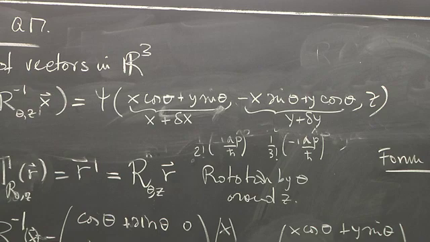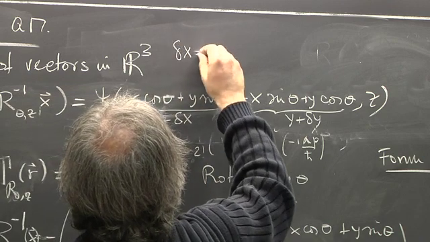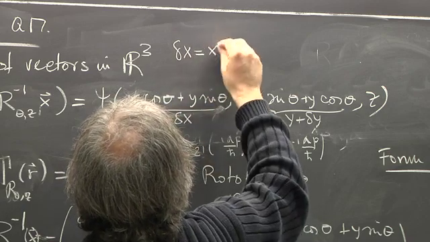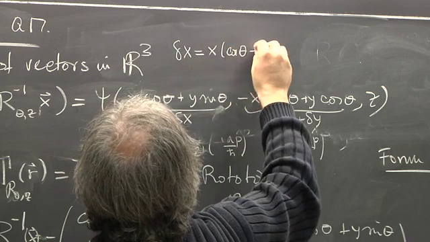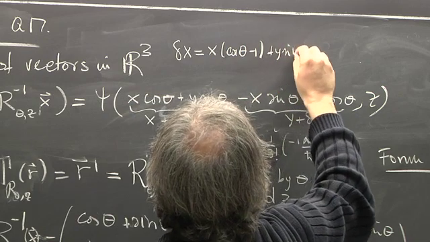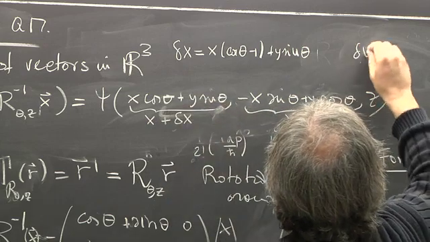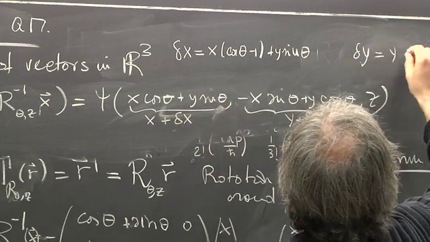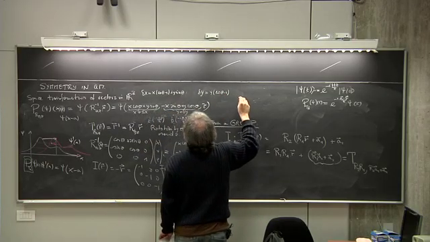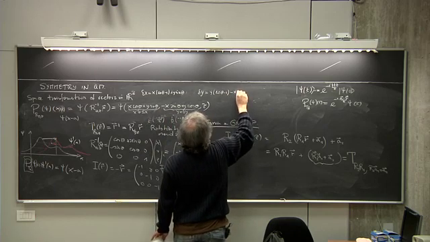How do I get delta x and delta y? Nothing could be simpler. Delta x is simply equal to x times cos theta minus 1, plus y sine theta, while delta y is equal to y times cos theta minus 1, minus x sine theta.